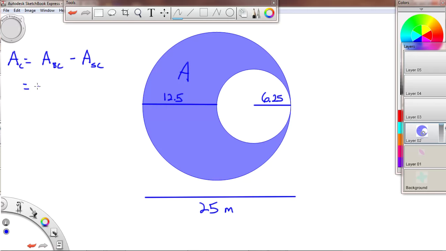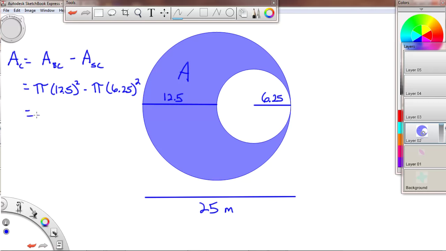The area of the big circle is pi times the radius, which is 12.5 squared. And then we're going to subtract the area of the smaller circle, which is pi times 6.25 squared. The radius of the smaller circle is 6.25 meters. That's a pi r squared minus a smaller pi r squared.